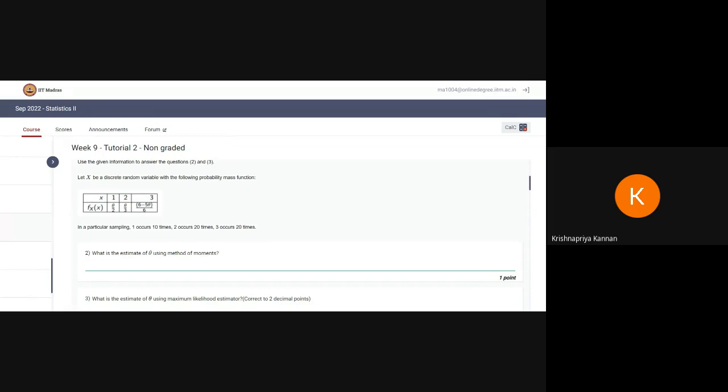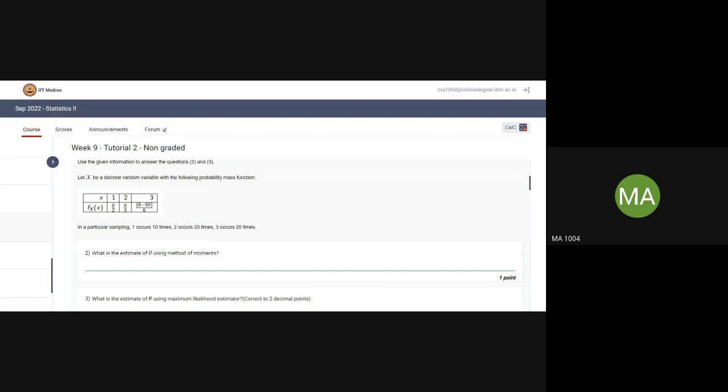Because the expectation of x is the value of x into its probability, right? This is how you find the expected value of x. If I ask you to find the expected value of x, you will not go and look at how 1 has occurred 10 times and multiply by 10. x is just one random variable. When you find m1, that is actually your sample mean.